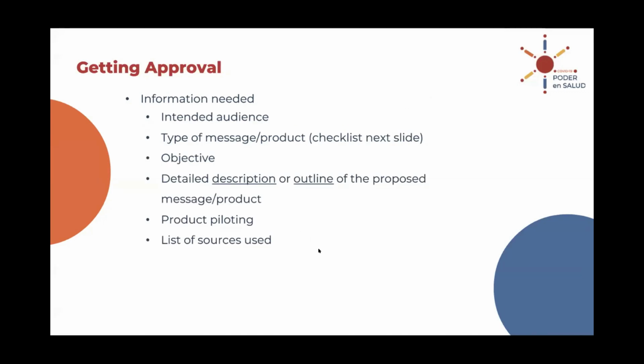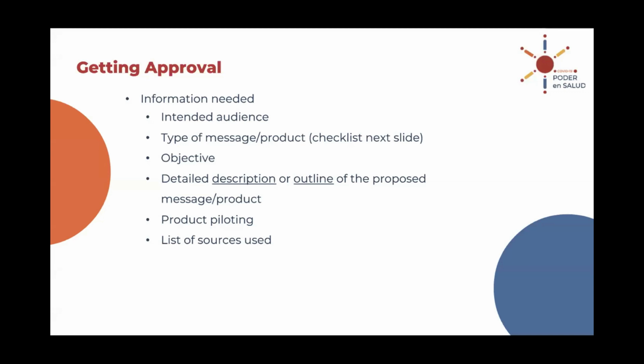And some information needed with the approval, just touching base fairly quickly: you will have to have an intended audience and the type of message product that you will be creating. The objective must be clear, as well as there must be a detailed description or outline of the proposed message product. As you saw in that example, Brenda and Stephanie created a PSA that gave a brief description, but that must be detailed and well outlined in order to have the message product approved.